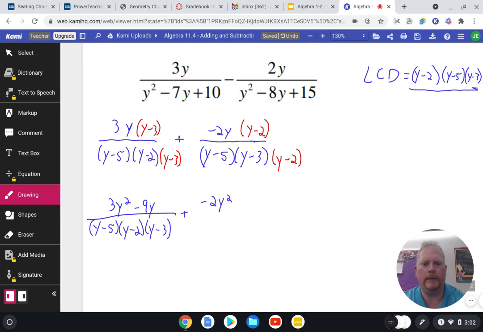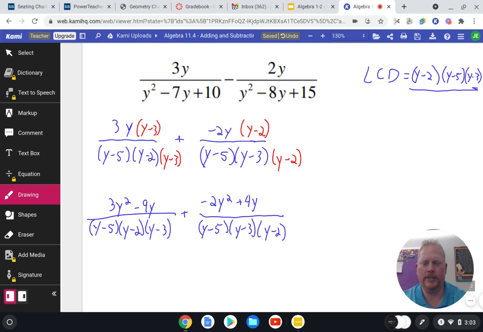And negative 2y times negative 2 is a positive 4y. Okay, lots of places to make mistakes here. So make sure you're very vigilant about what you're doing. So y minus 5 times y minus 3 times y minus 2. Okay, so now the two denominators have like terms.